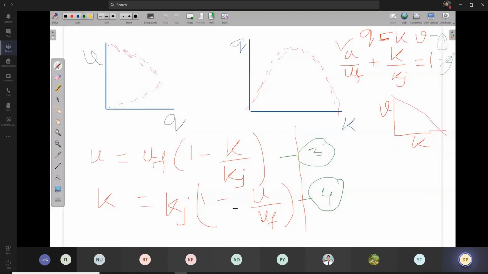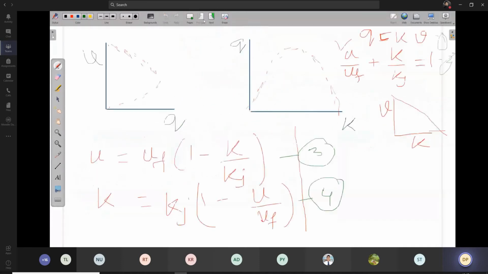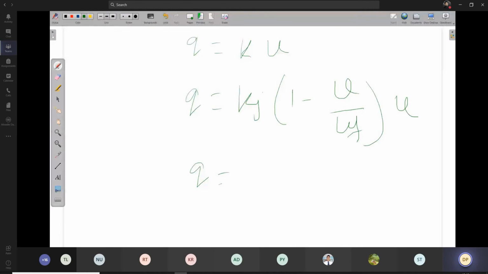K is Kj into 1 minus U divided by Uf. So K is Kj into 1 minus U divided by Uf. So what you will get? You will get the equation Kj U minus Kj by Uf into U square.